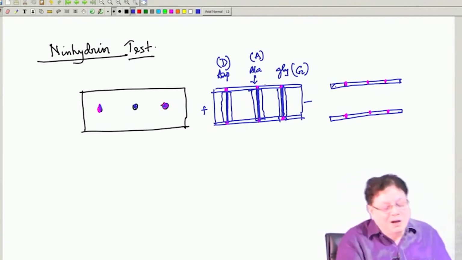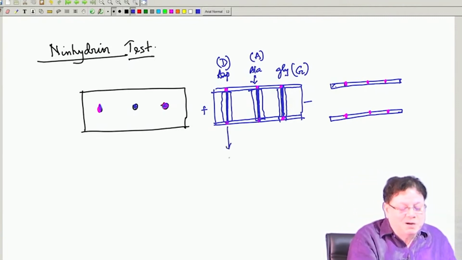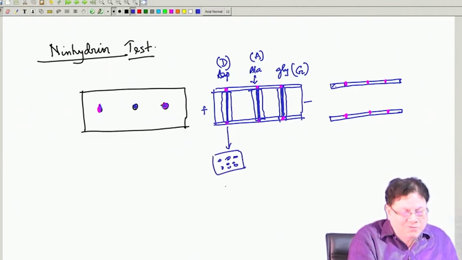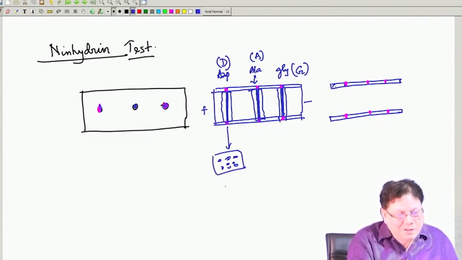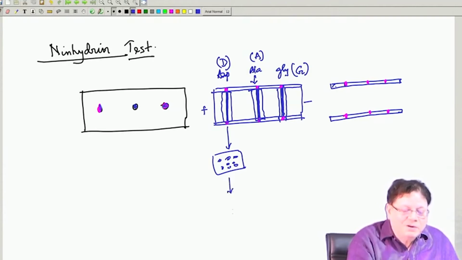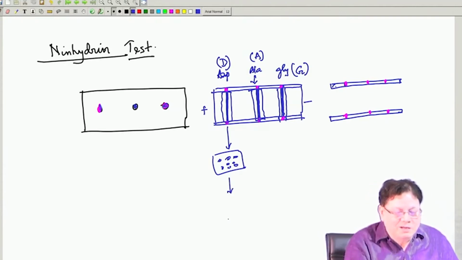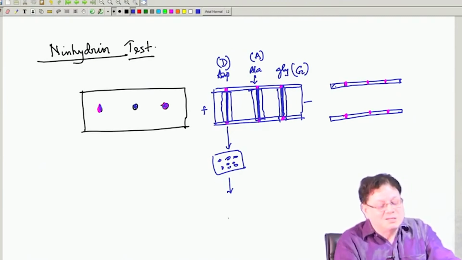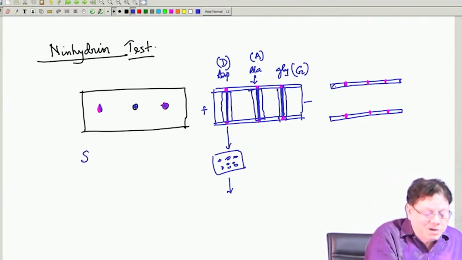Now it is very easy: you take this piece of paper, cut it into small pieces and put it in a flask, add water. These amino acids are mostly soluble in water, and then filter, and if you evaporate the filtrate, you get the amino acid. So, this is how the separation by paper electrophoresis is done.